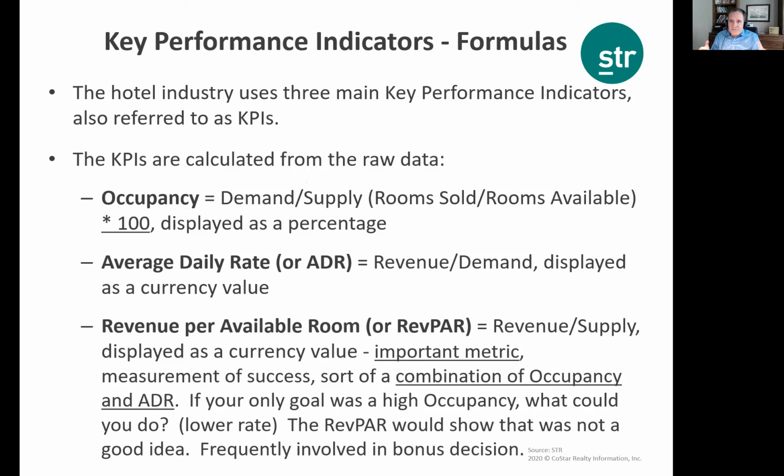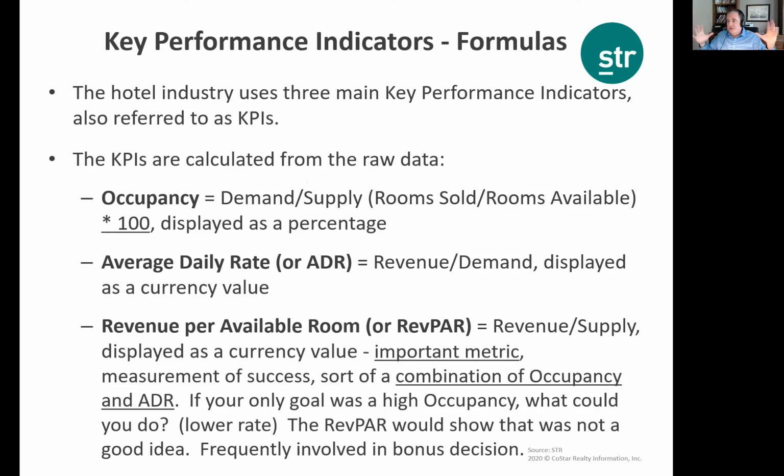And if you think about it, if you ran a hotel and your only goal was a high occupancy, what would you do? Well, you'd lower the ADR so low that you filled up your hotel. Not a good business decision. The RevPAR would emphasize that. If your only goal was a high ADR, you might raise it really high, and maybe somebody might make a reservation, somehow think that your hotel was incredibly worth staying at, and maybe you get a very high ADR, but only one person stayed.